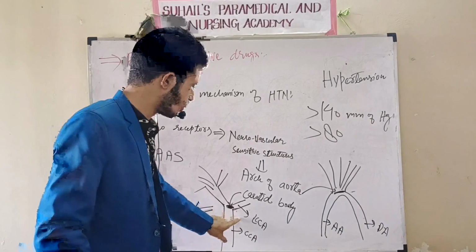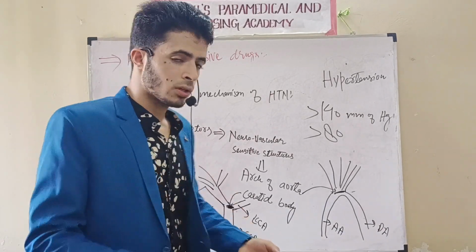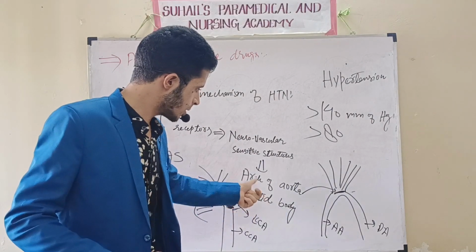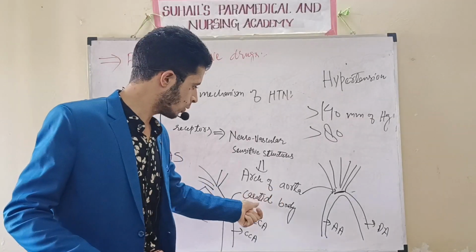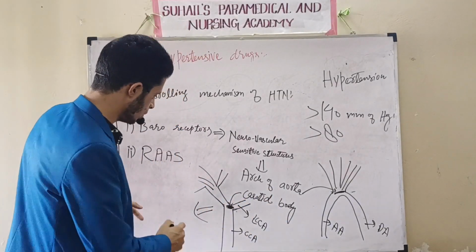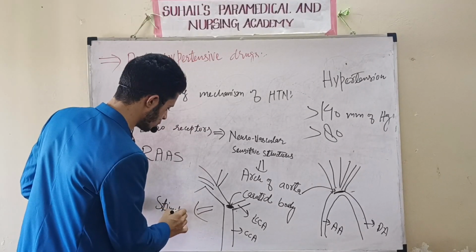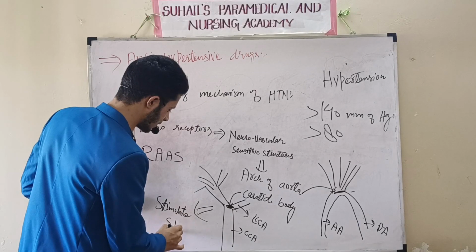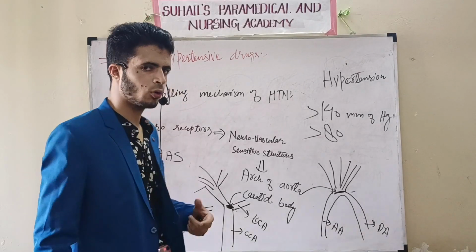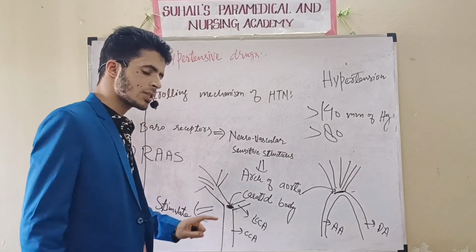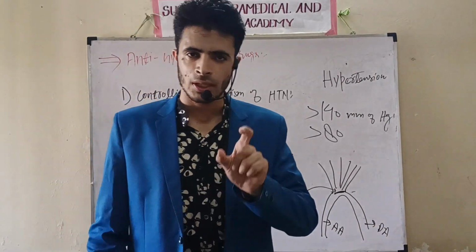So what will happen? These baroreceptors, which are present at the aorta and carotid body, what will they do? They will stimulate the sympathetic nervous system. You all know about the nervous system. I will not go deep here.